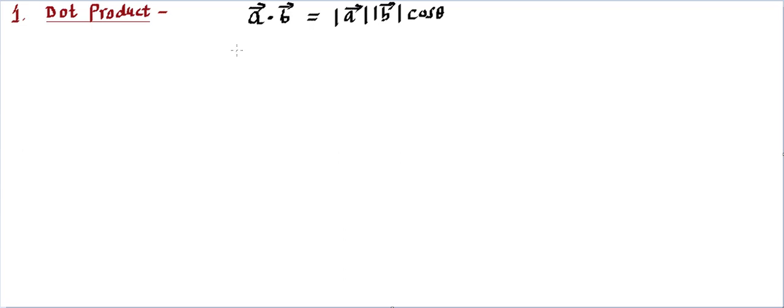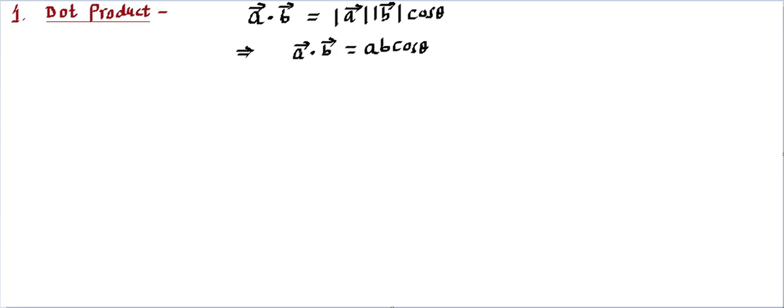This can be written in a simplified version. That means mod of A can be written by simply letter A. So we will be writing A vector dot B vector will be giving us A, which is magnitude of A, B, which is magnitude of B, into cos theta.